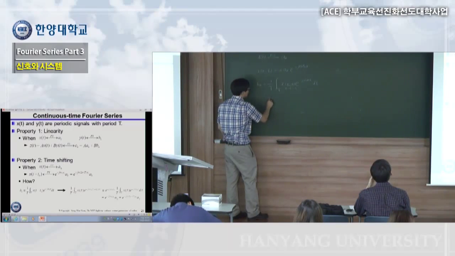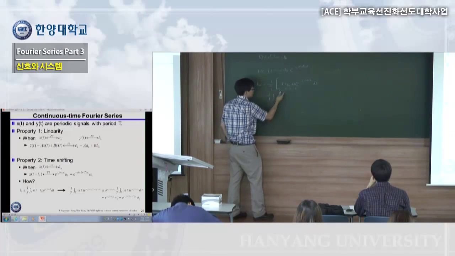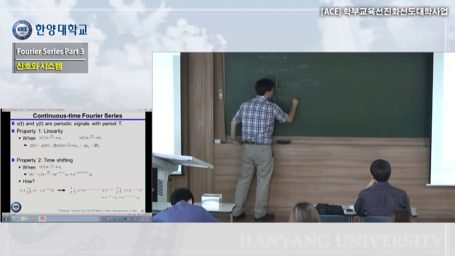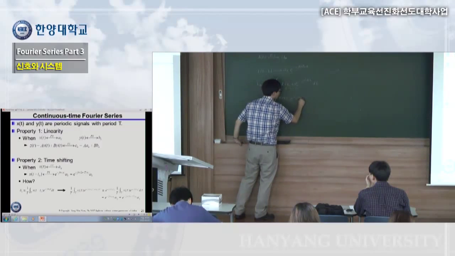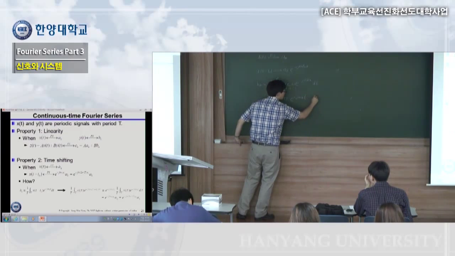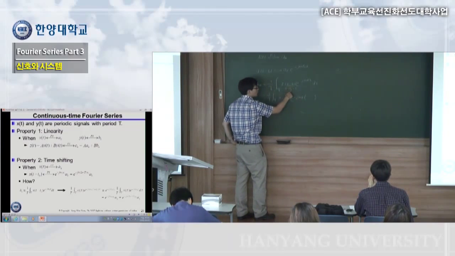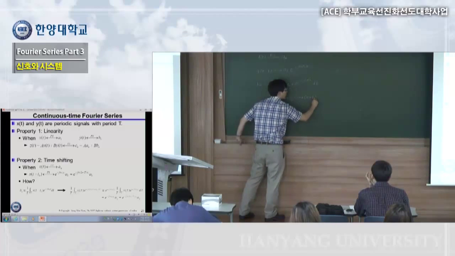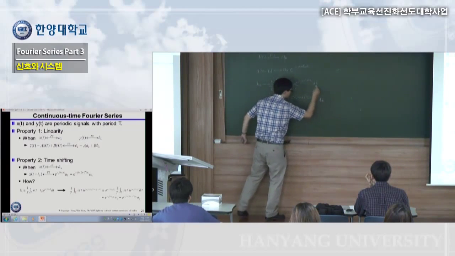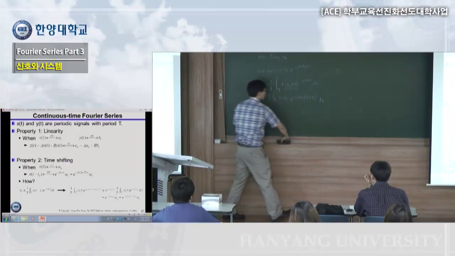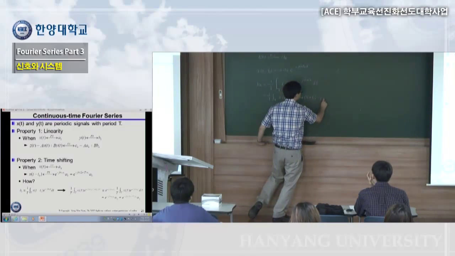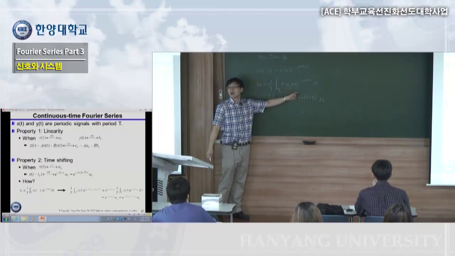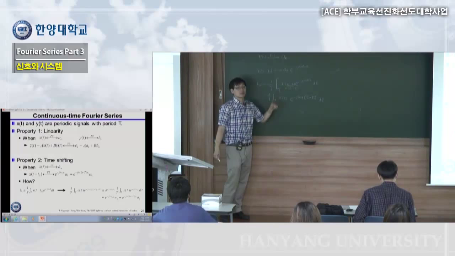So let's put that over one period, x(tau) times exponential minus j omega 0 k times t, where t equals tau plus t0. So tau plus t0, d tau, and dt equals d tau, no polarity change.